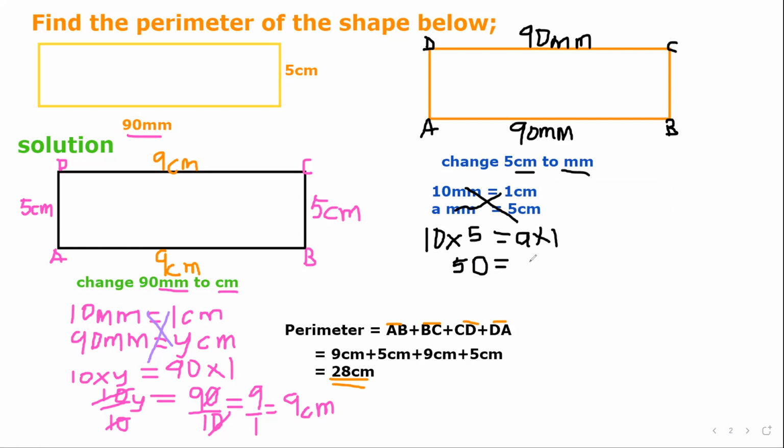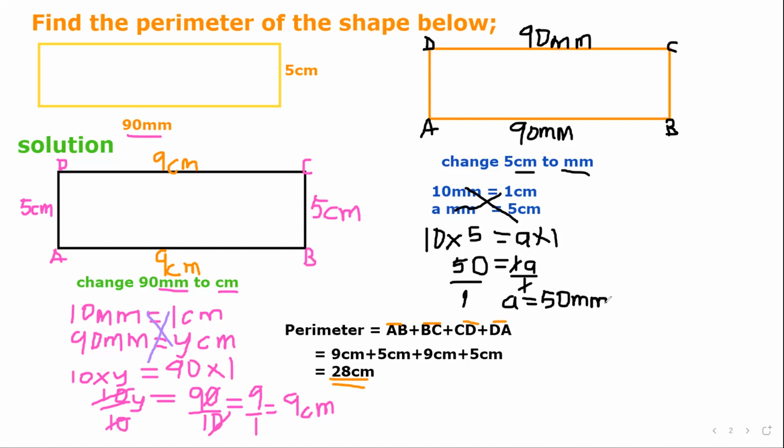Okay, then here we have the 50 equal to 1a. So to find the a, divide both sides by 1. This one will take care of this. So 50 divided by 1 is the same as what? 50. So here, therefore, a is equal to 50 millimeters.